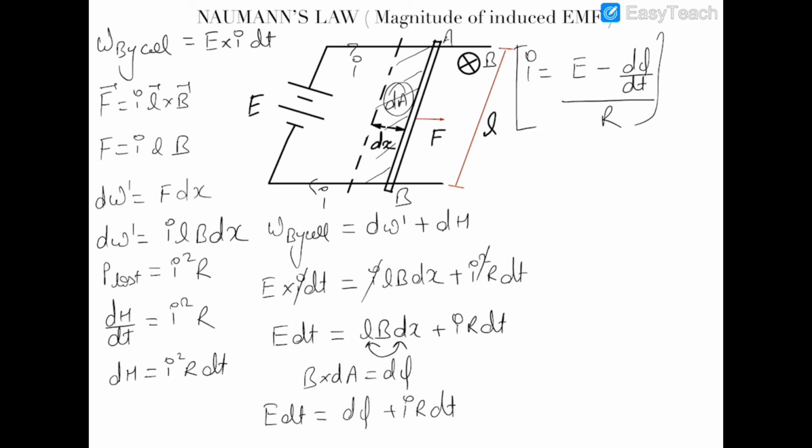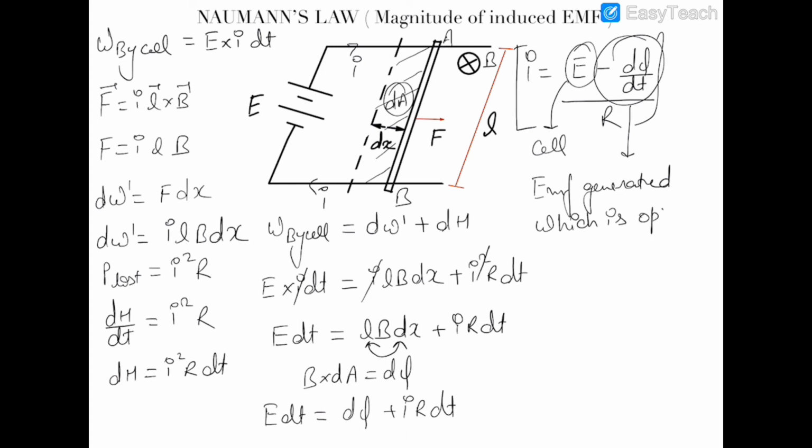Now you can see in this equation that this is the EMF of the cell and this is some other EMF generated, which is opposing the EMF of the cell.